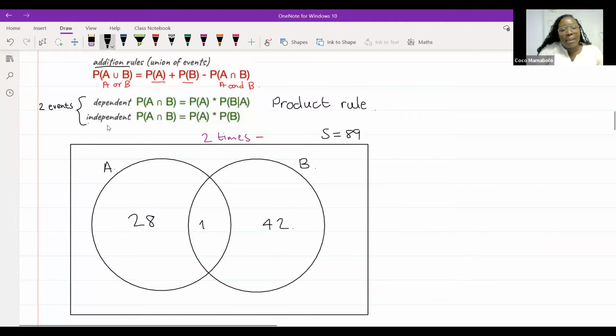Let's say I have a bag, and in this bag are 2 different colors of sweets. Altogether, I have 10 sweets: 5 green sweets and 5 yellow sweets.